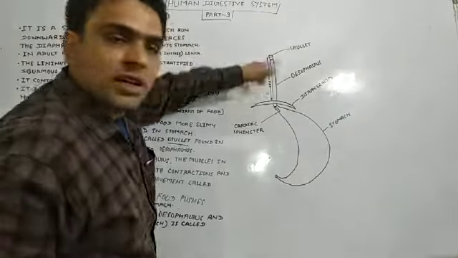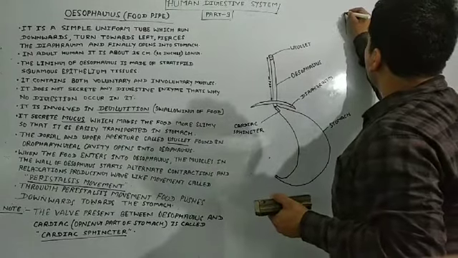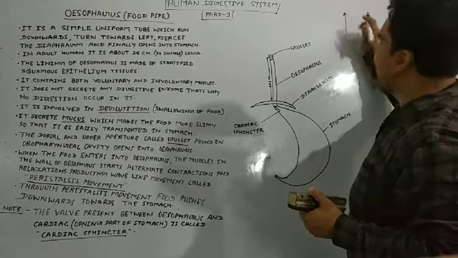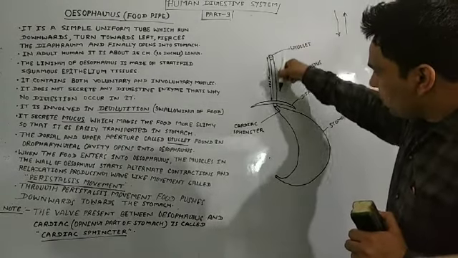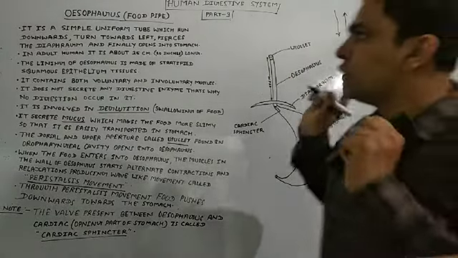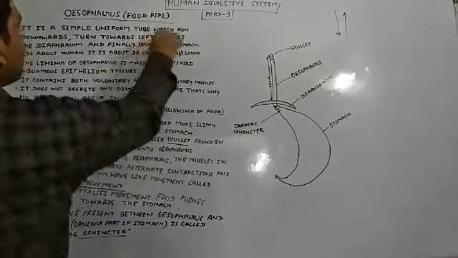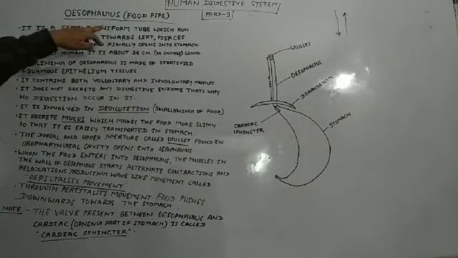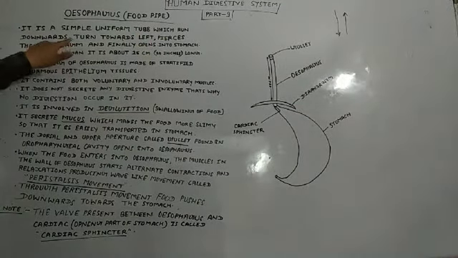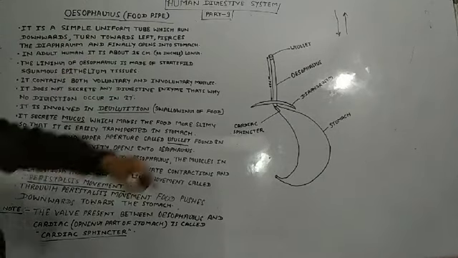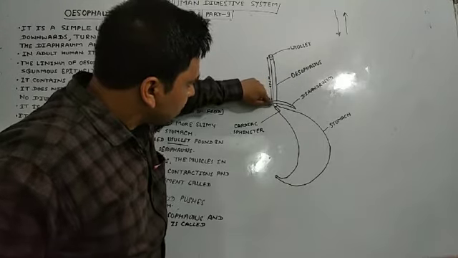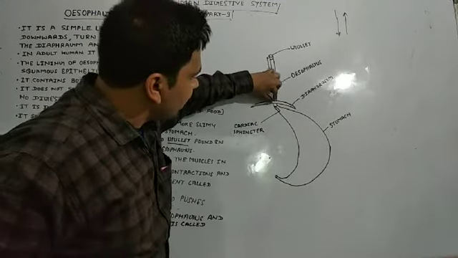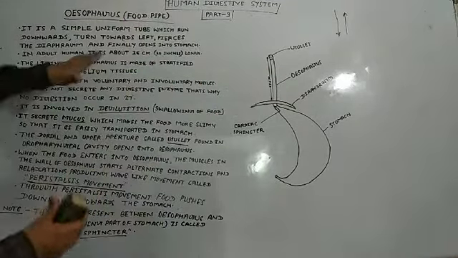So I write here that it is a simple uniform tube which runs downwards. It moves downwards, not upward. This moving is known as upward moving, and this moving is known as downward moving. So this tube runs downwards, not upwards, and then turns towards the left.